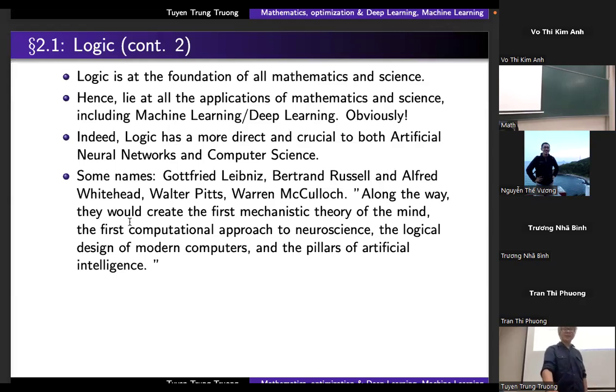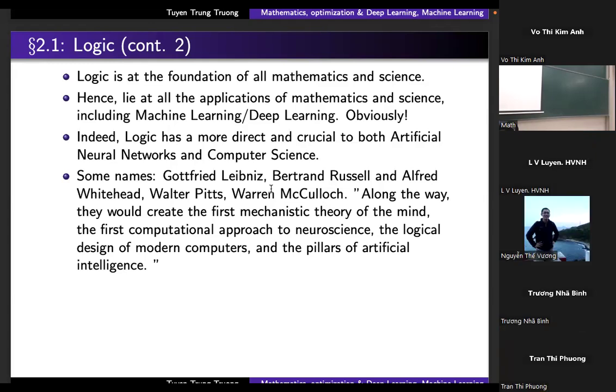So Warren McCulloch was a biologist, and he had this idea, but he's not good in mathematics. So he worked with this person, Pitts. And then they had the first ideas about neural networks.